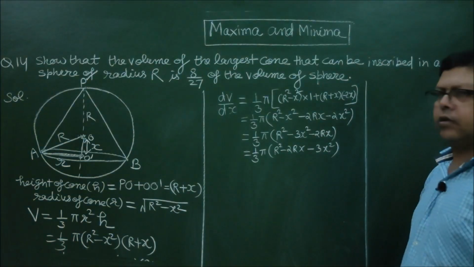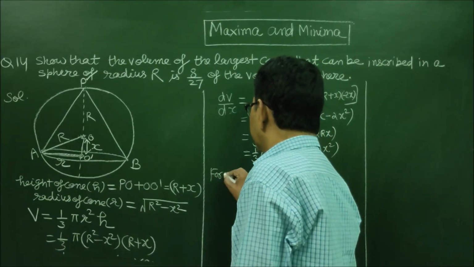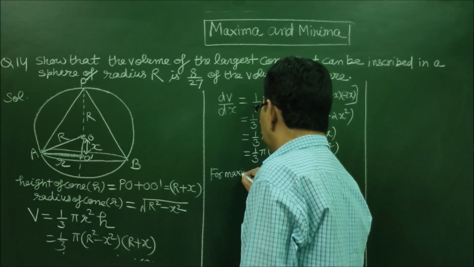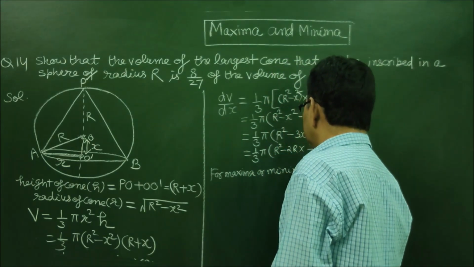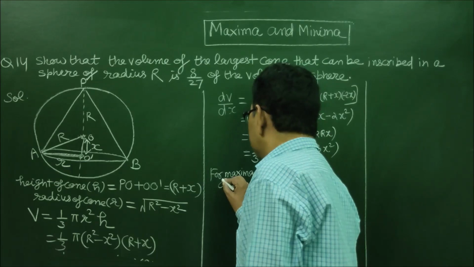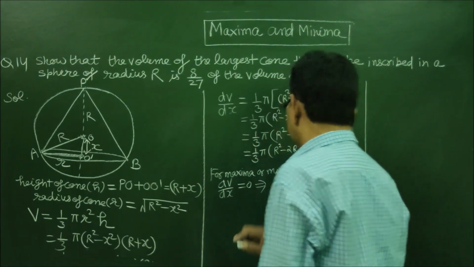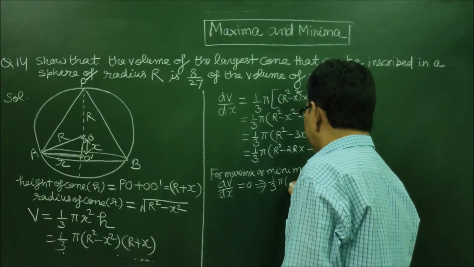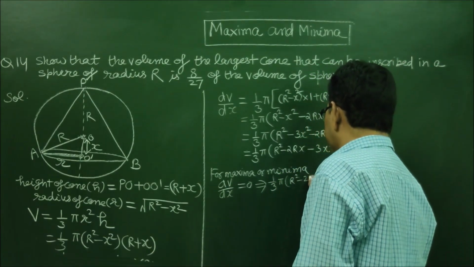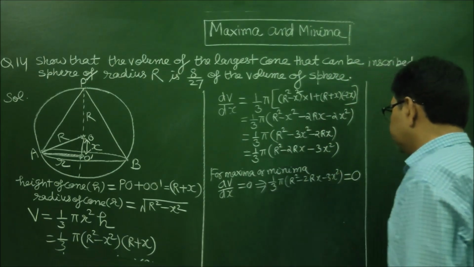Now for maxima or minima, dv over dx must be equal to 0, which implies that 1 upon 3 pi r square minus 2rx minus 3x square must be equal to 0.